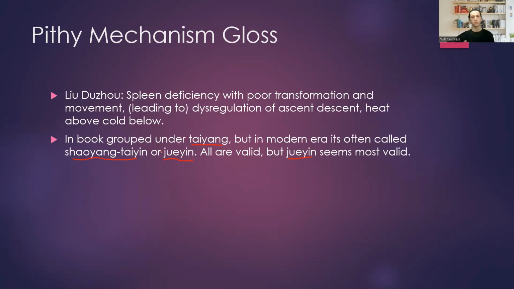And so some people will say that as well. So either of those would be legitimate in my opinion. Shaoyang a little bit less so because we say Banxia Xiexin Tang doesn't really have those same indications as a typical Shaoyang pattern. So I find that a little bit less viable, and Jueyin a little bit more viable because actually Jueyin is not very well defined anyways.